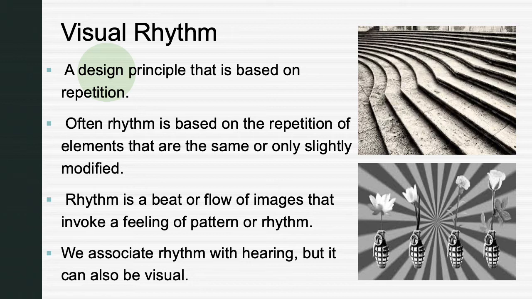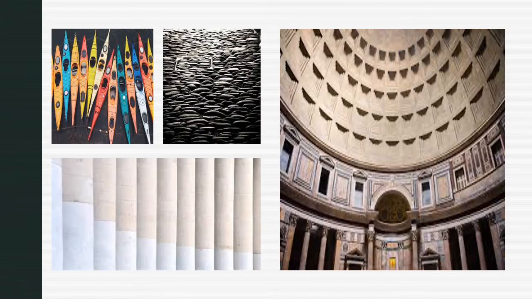We associate rhythm with hearing, but it can be visual. These are also images of visual rhythm. You can see how beautifully pebbles are organized and the architecture of the cigarettes, they create rhythmic impacts.